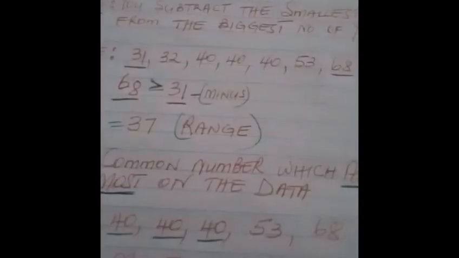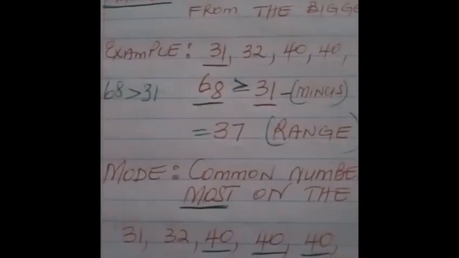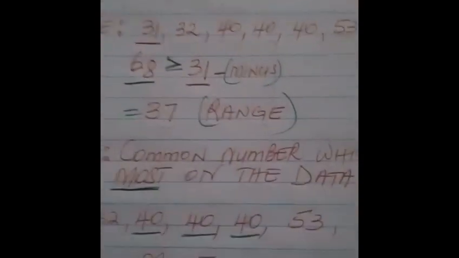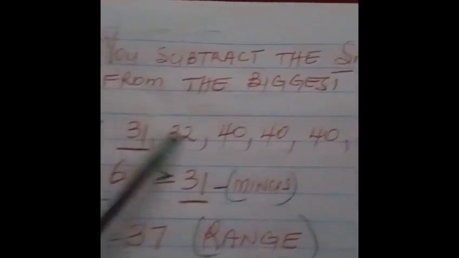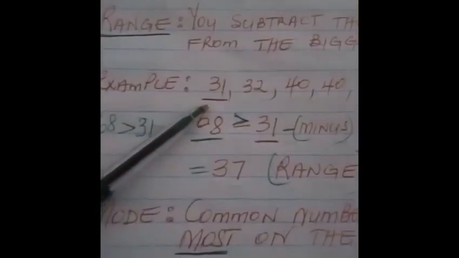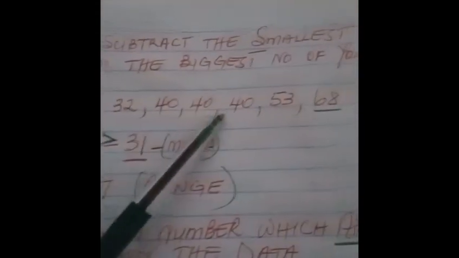to our next topic on the range, we say you get your range by subtracting the smallest number from the biggest number of your data. An example is given here with these numbers: 31, 32, 40, 40, 40, 53, 68.